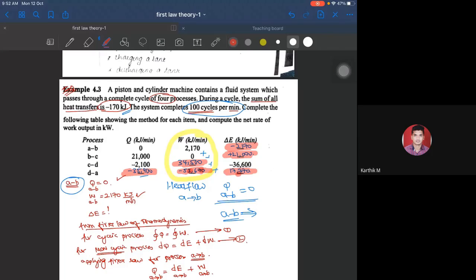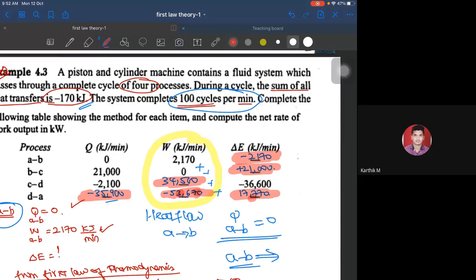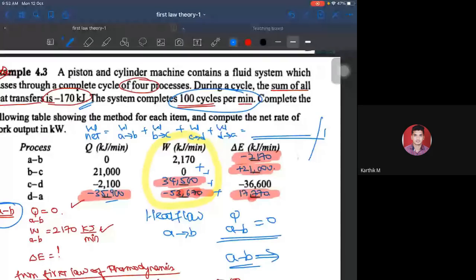So you need to calculate the net work done. Net work done for the cycle is what? W A to B plus W B to C plus W C to D plus W D to A. You have all the values. Give me the value of net work done in kilojoules per minute, where it completes the problem. 17,000.